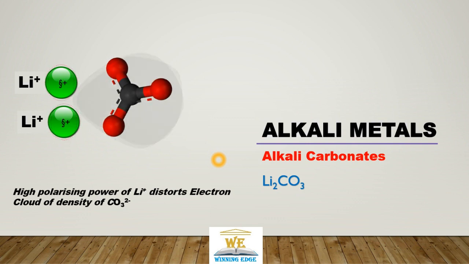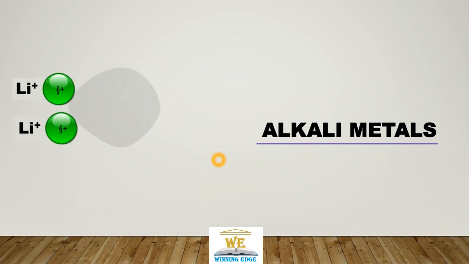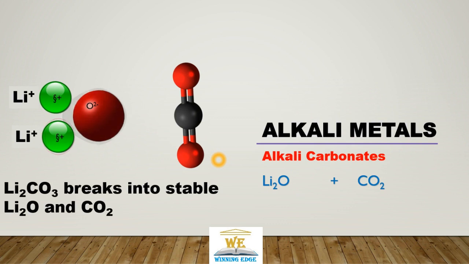Thus, lithium carbonate is not that stable. If we heat it, we get stable lithium oxide as well as CO2 decomposed out of lithium carbonate. So the formation of stable lithium oxide explains this decomposition.